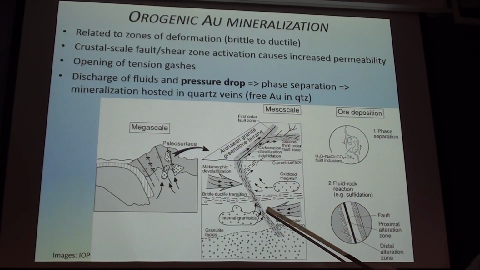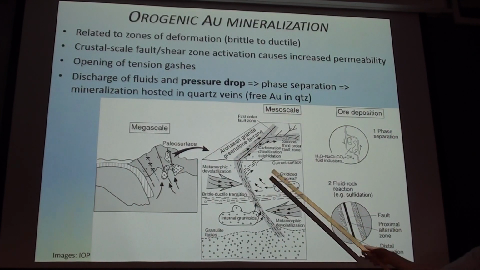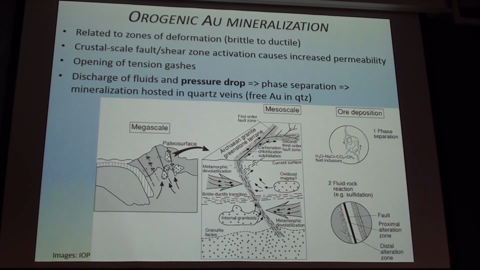Whereas if we've got crustal scale shear zones and fracture zones and fault zones, a lot of fluids from many portions of the crust can basically be entrained and allow precipitation. And ore deposition in these settings occurs either by phase separation or fluid rock reaction.